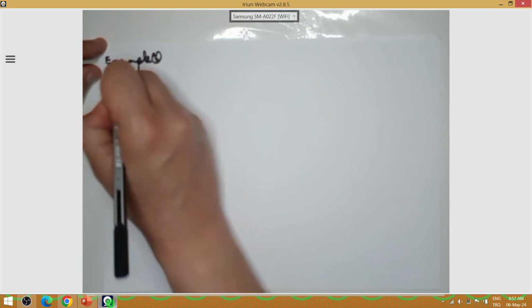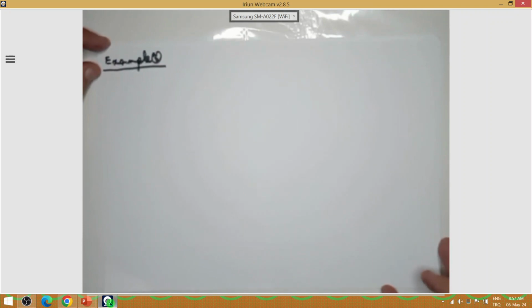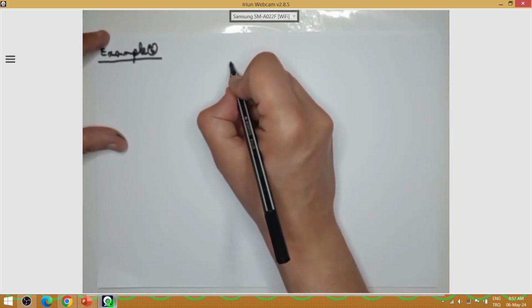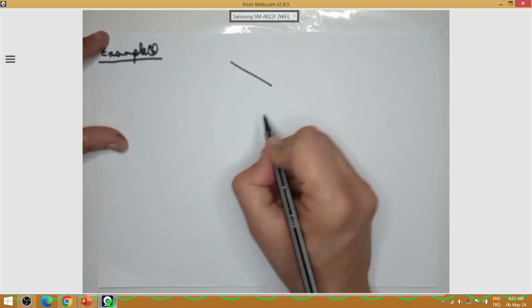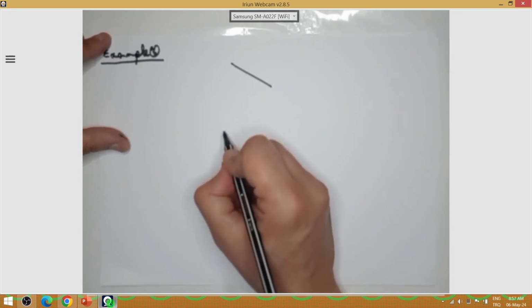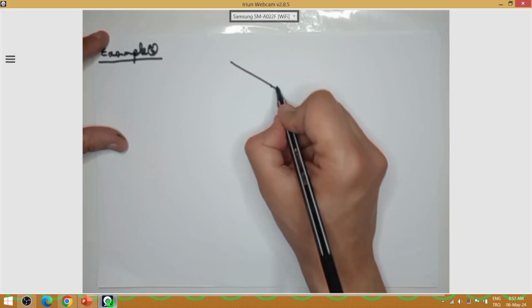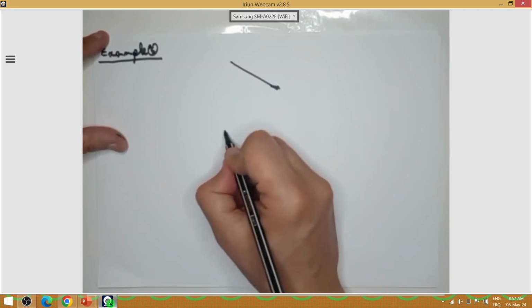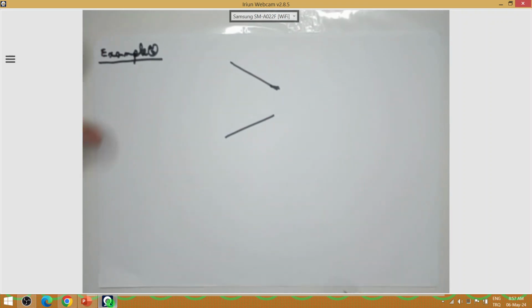In example 3 we have the example of a nozzle. When we speak about a nozzle, we have a shape like this. This is what we call a nozzle.